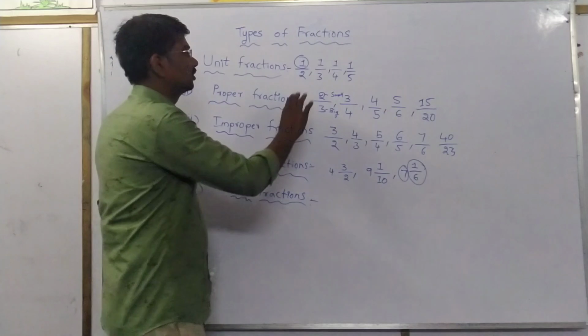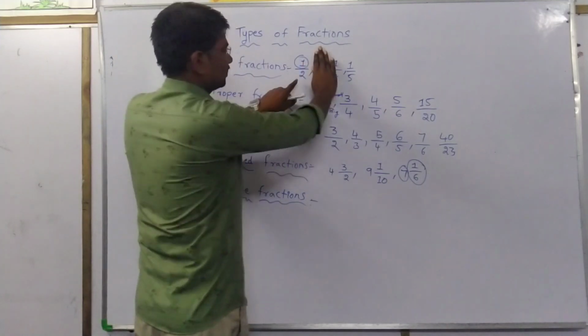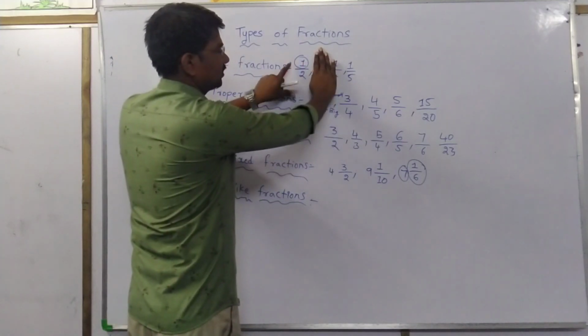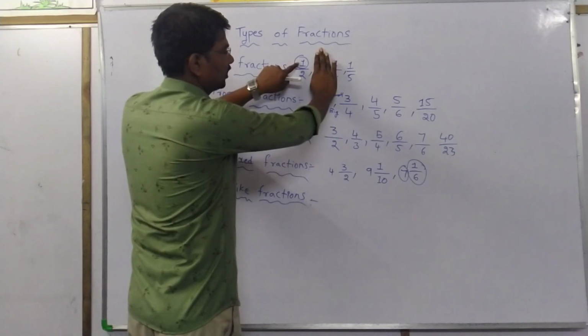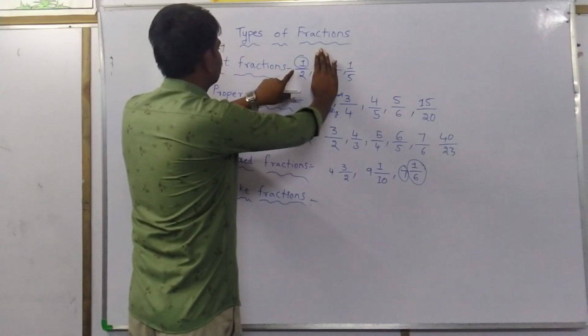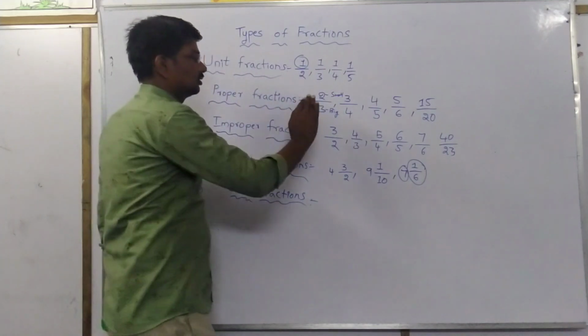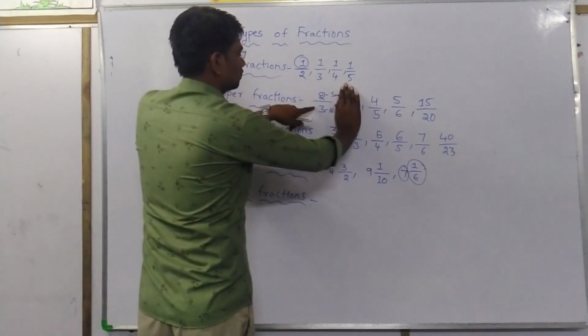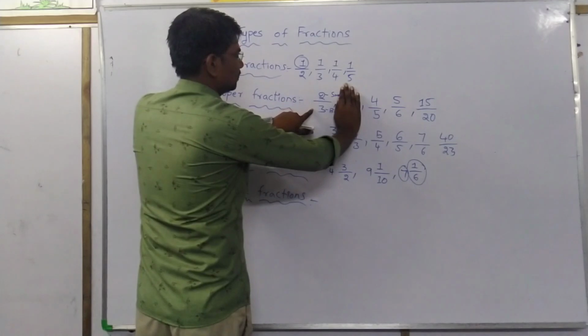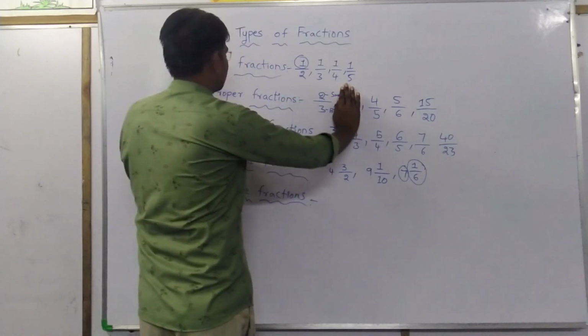Suppose we take this fraction and observe the numerator is 1, so it is a unit fraction. One fraction is enough. Suppose we take one fraction and observe the numerator is smaller than its denominator, so it is a proper fraction.